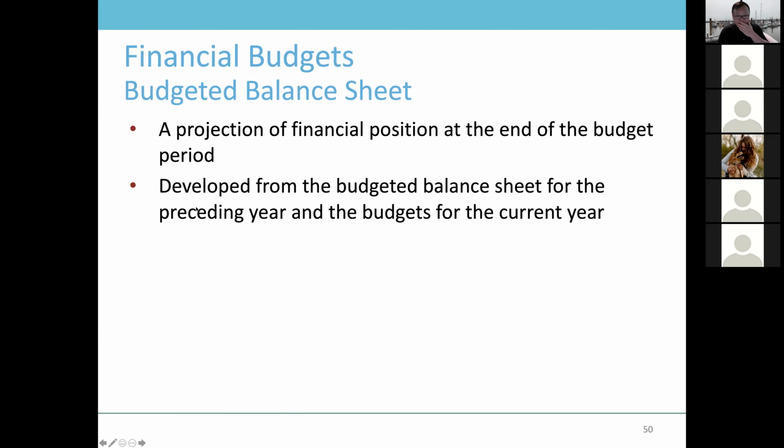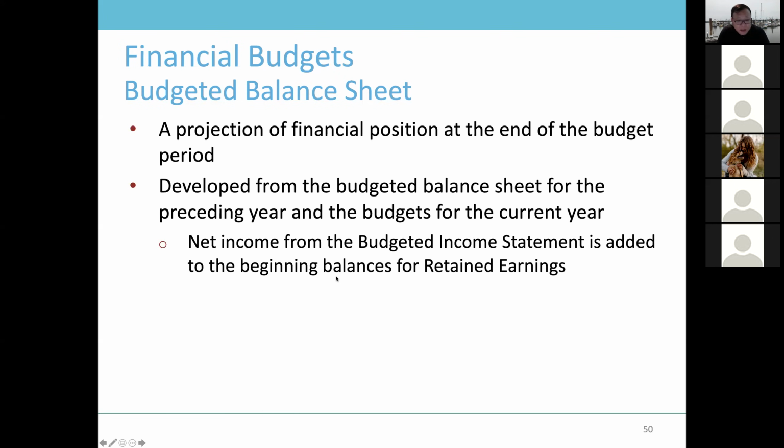In terms of retained earnings, the net income from the budgeted income statement will be added to the beginning balance of the retained earnings. Then you will get an ending retained earnings number. That number is reported under the equity section of the balance sheet.